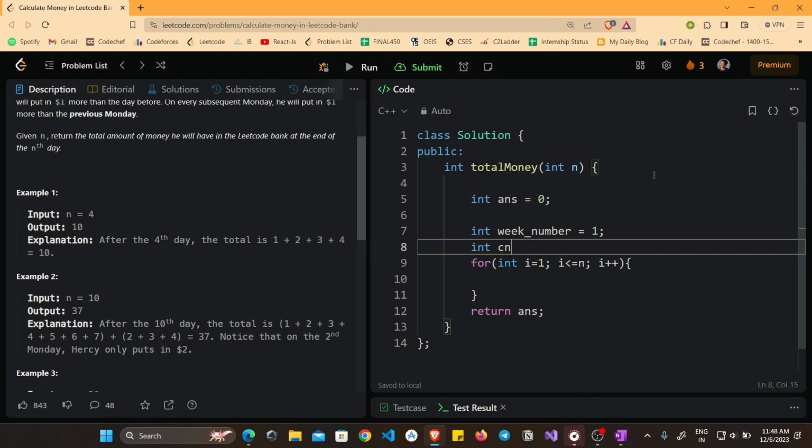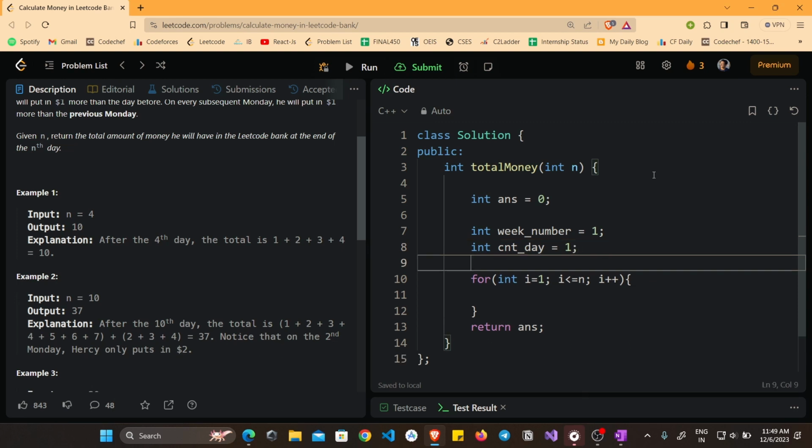Then another variable will be count day, and if count day is equal to 8 at any point of time, it marks the beginning of the new week, and then we have to do some changes. That's why I have made this variable count day. We will initialize it with 1, since we start from the Monday of the first week.